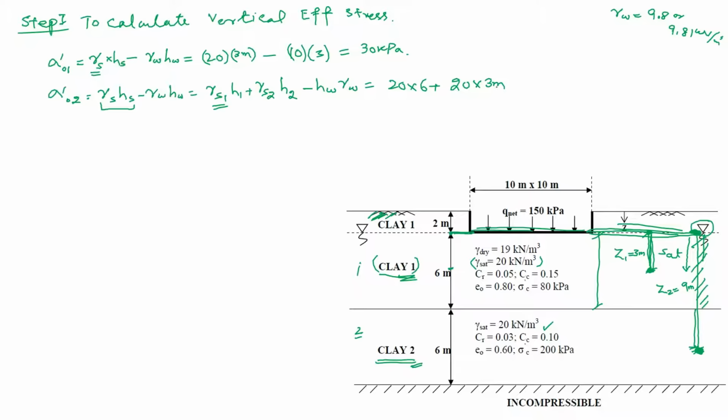So 20 times 6 plus 3, 9 total, minus what is HW? Height of water from this point. We can see water here. It is at height of 9 meter from this point. We'll simply write 9 times 10. It will be 90 kilopascals.